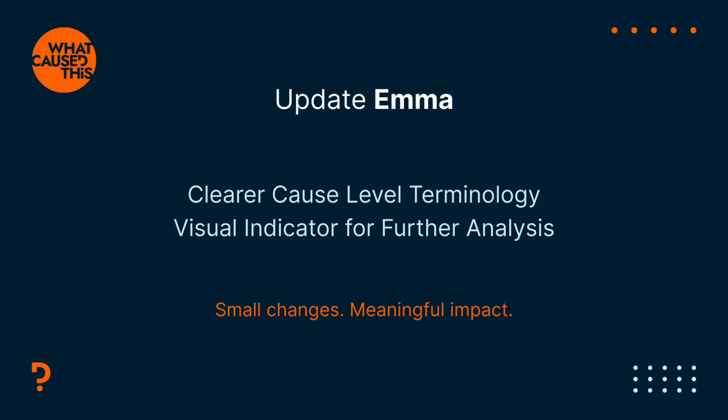In this update, we've made some small but powerful changes to cause level terminology in the analysis area of the What Caused This platform. Building on feedback from our users, we've retired the cause dominance term and we've replaced it with slightly more familiar terminology.